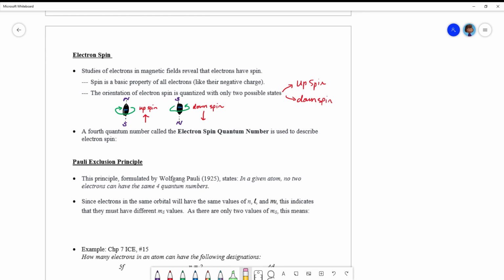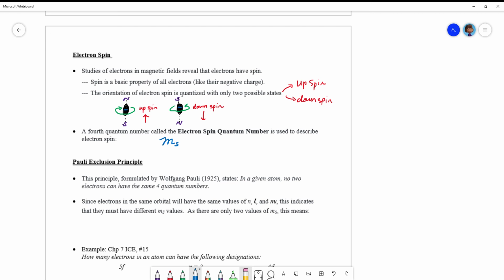Now, because there are only two possible spins, making spin quantized, we need a fourth quantum number, and that fourth quantum number right here is called the electron spin quantum number. And the electron spin quantum number is given the symbol m, again italicized, with the subscript s, m sub s.